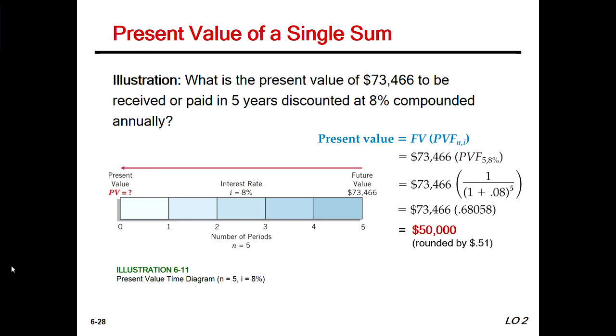So if we multiply this times 73,466, we get about 50,000. They had to do some rounding here. Let's just see the math.